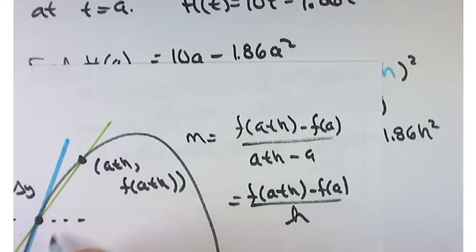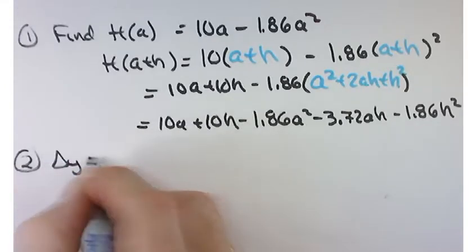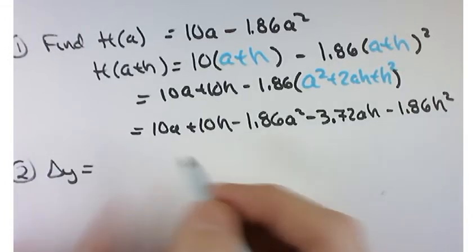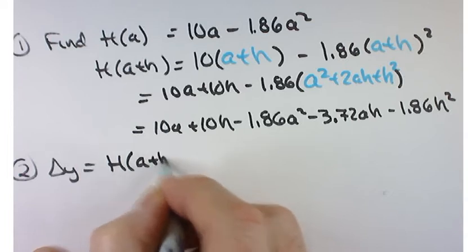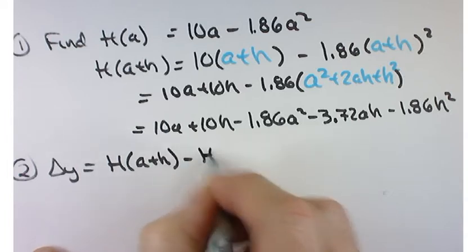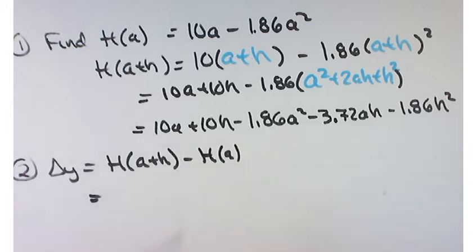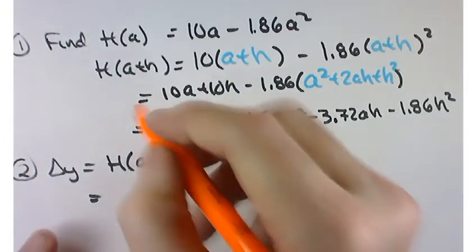The difference delta x, the change in x's, is just going to be h. So let's find the difference in the y's. Delta y is going to be h of a plus h minus h of a, so it's going to be this whole big expression here.